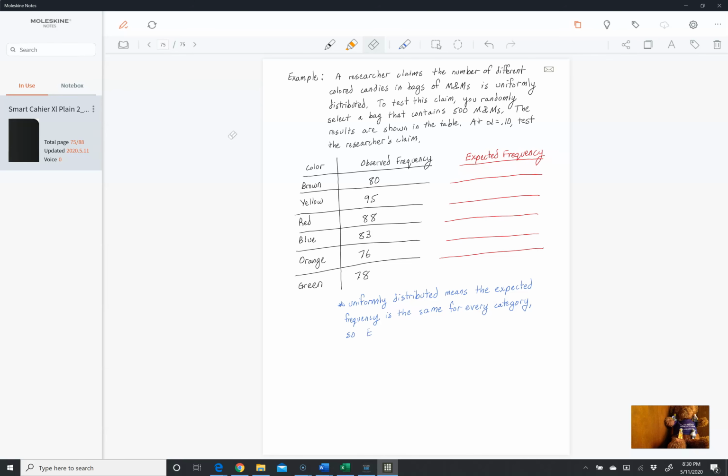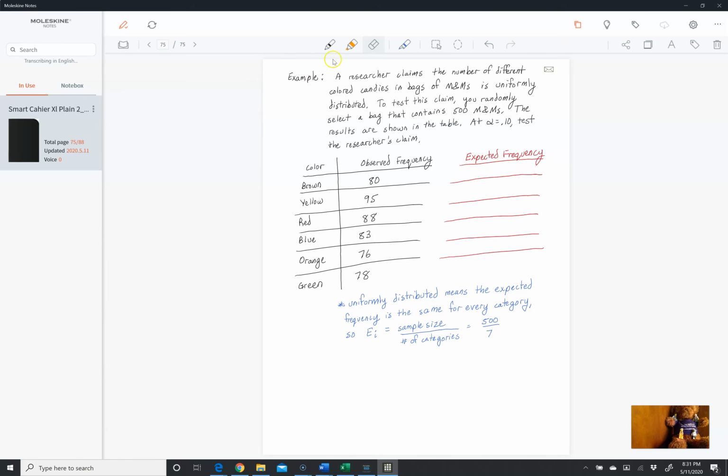So every expected frequency is equal to the sample size divided by the number of categories. We're just dividing the whole 500 group into 7 groups. The whole 500 M&Ms, we're dividing it evenly into 7 groups.